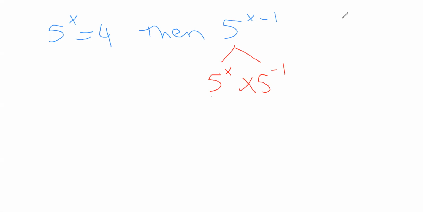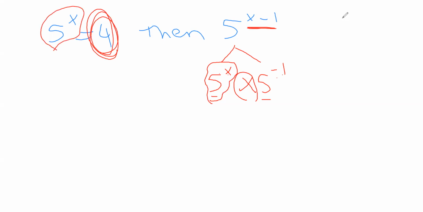Right. Why? Bases are equal with multiplication between them, add the powers, x plus negative 1, which is x minus 1. Why did I do this? Because 5 power x is alone, he gave the value of it, which equals 4. So I will remove it and write 4 instead.